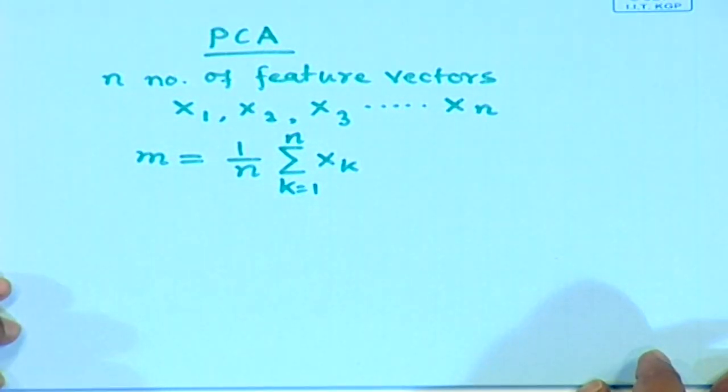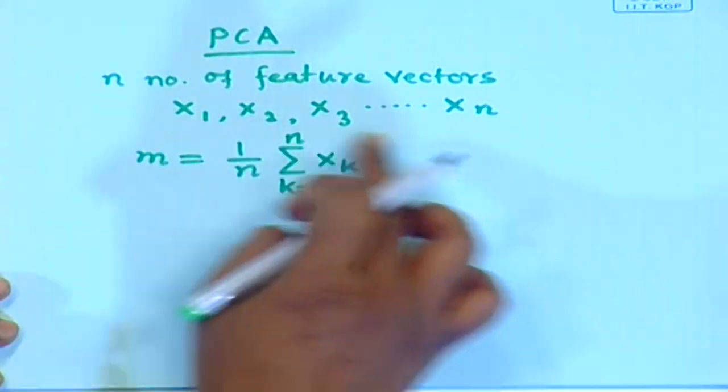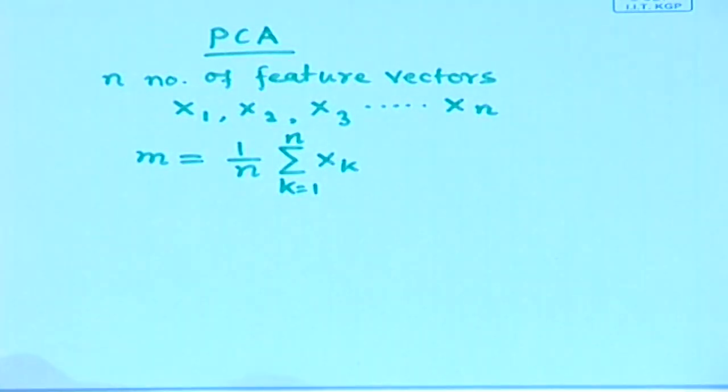Now, initially I have the dimensionality of the feature vector equal to d. Let me take one extreme case, that I want to represent this by a 0-dimensional feature vector. If I try to represent this by a 0-dimensional feature vector, that means within feature vectors I do not have any variance. So, that is nothing but this mean. This entire set of feature vectors is represented by the mean vector.